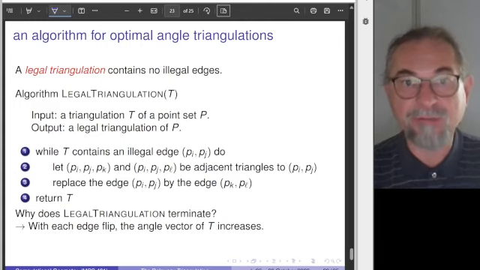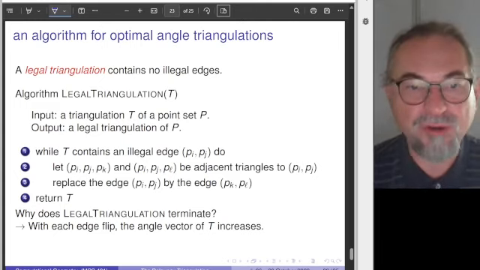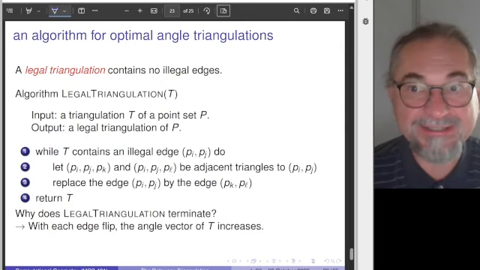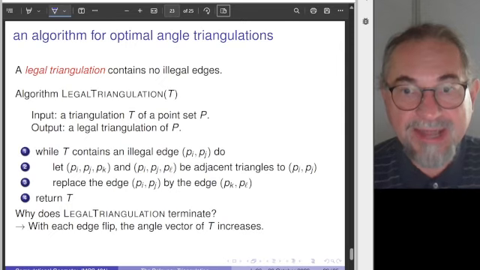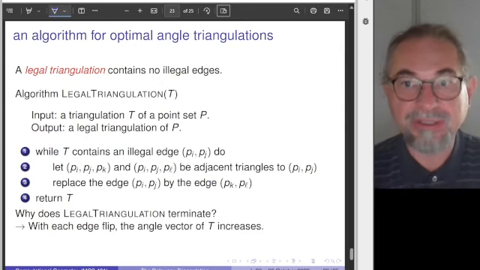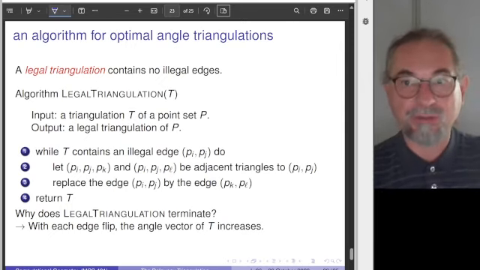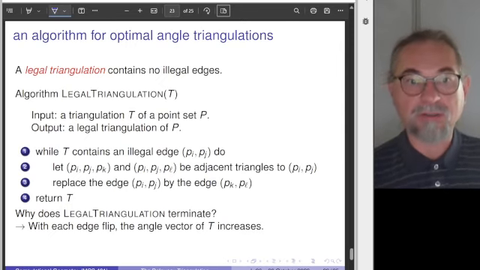So we end up with a legal triangulation. It's important here that with every edge flip, the angle vector will actually increase. So the smallest angle will actually become larger. So we have a more optimal triangulation.